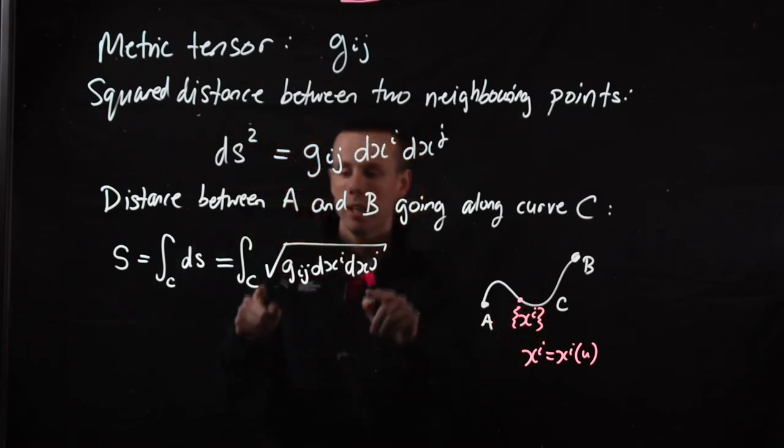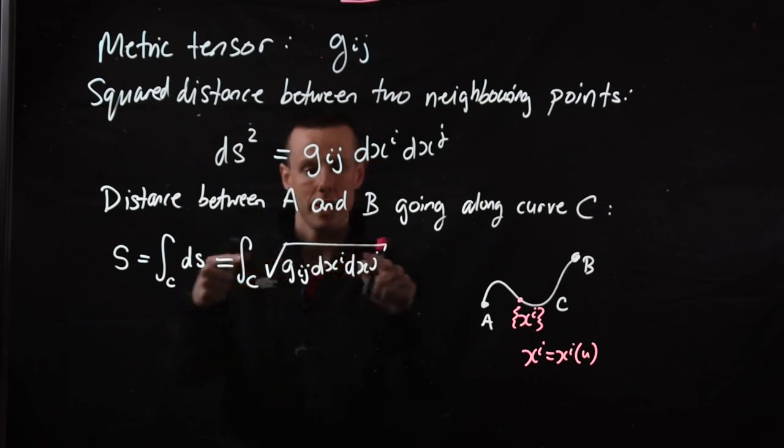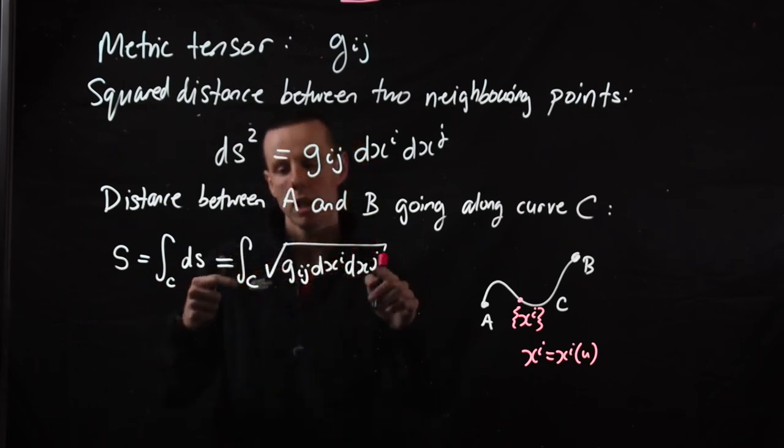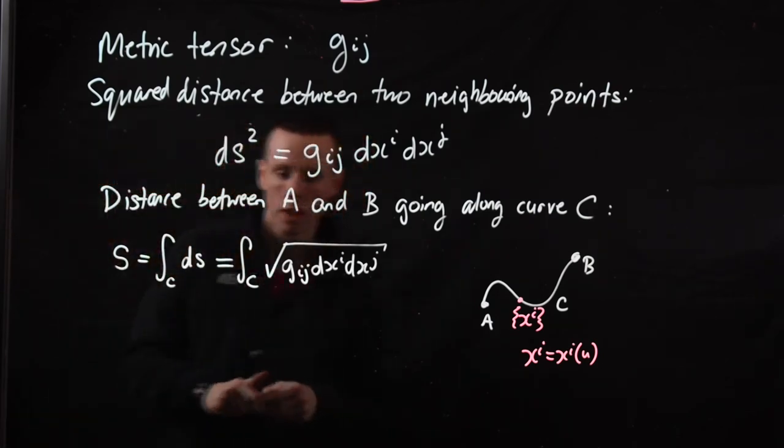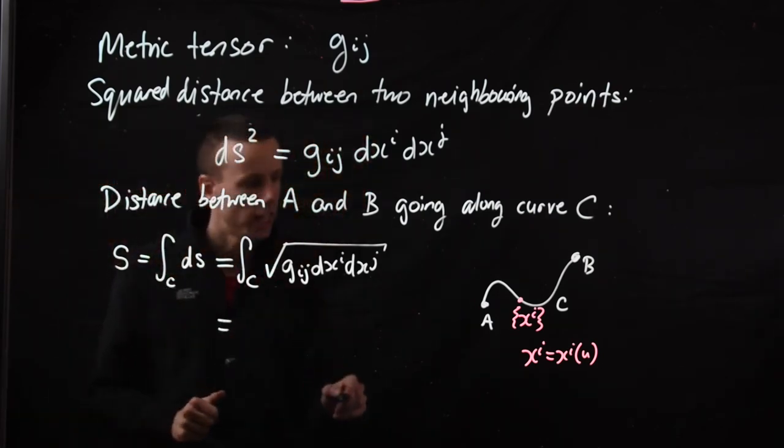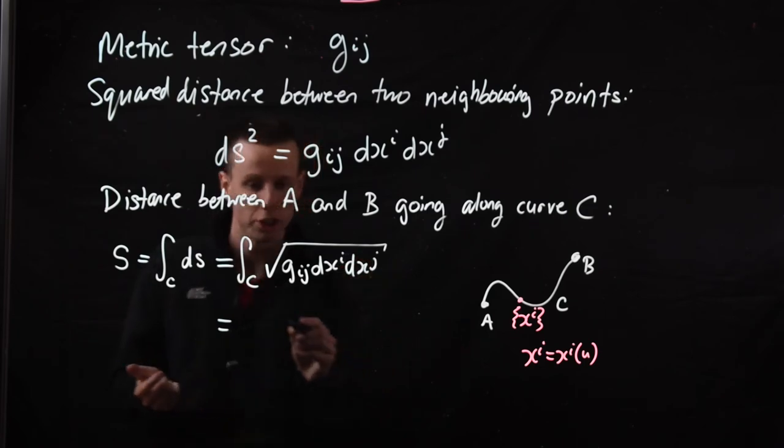That gives us a way of turning this strange looking integral into a more familiar one-dimensional integral, as follows, and we do it using the chain rule.